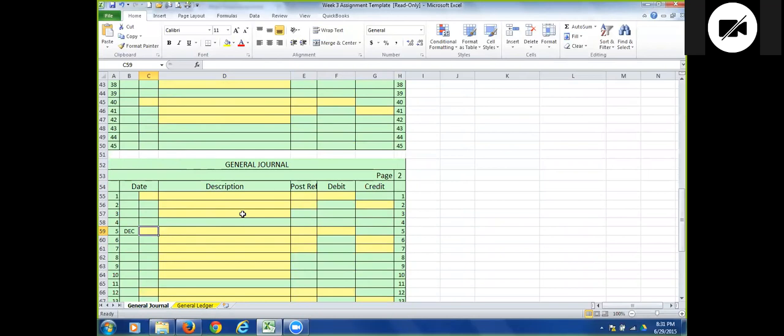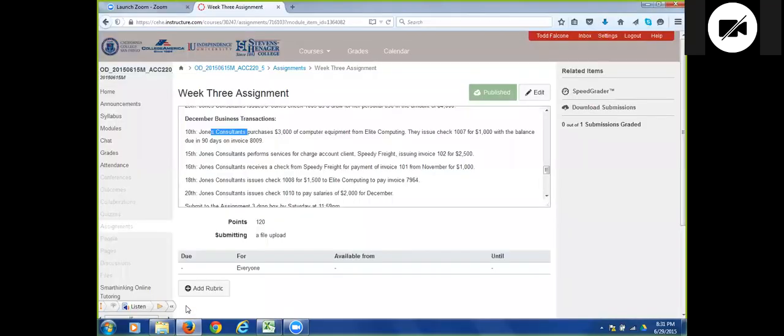So let's do December 10th it was. So let's look at this one. Jones Consultants purchases $3,000 of computer equipment from Elite Computing. They issue check 1007 for $1,000 with the balance due in 90 days on invoice 8009.